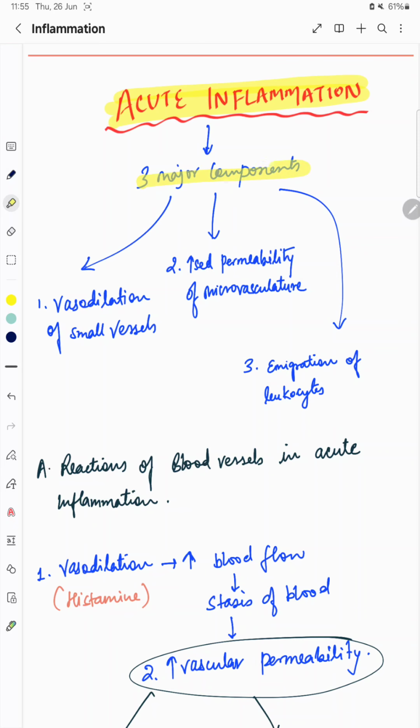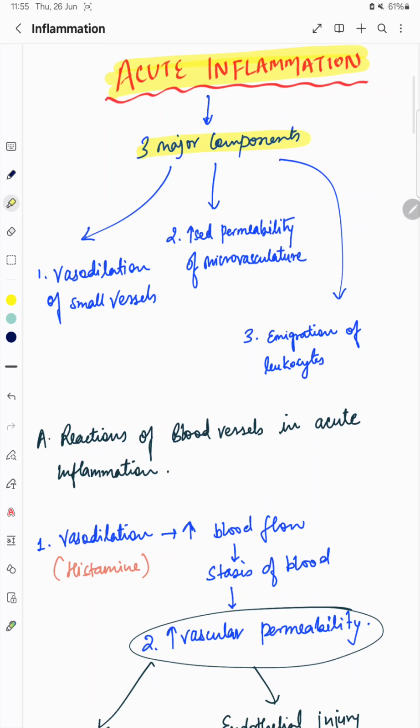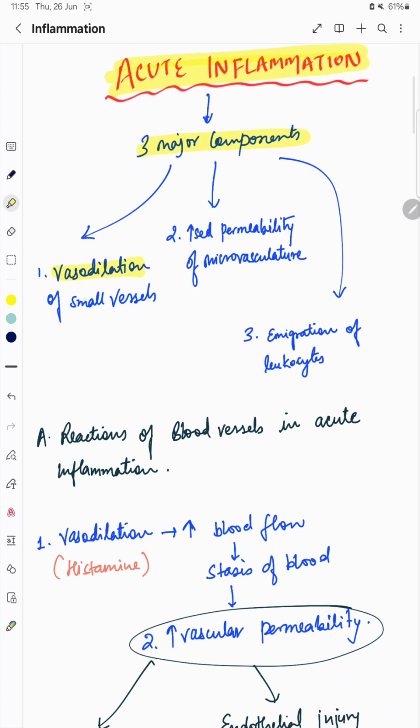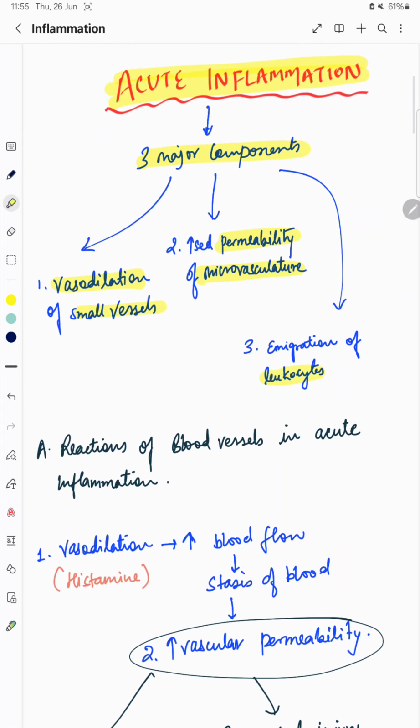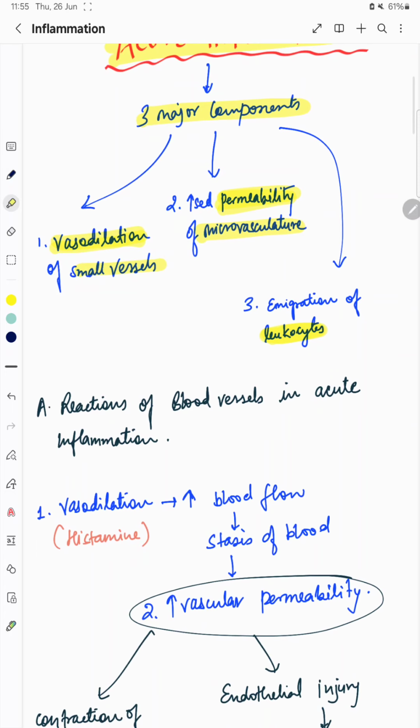There are three major components of acute inflammation: vasodilation of small vessels, increased vascular permeability, and recruitment or immigration of leukocytes.